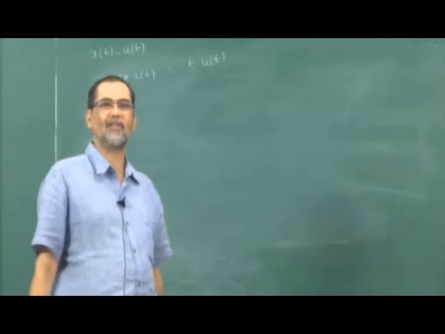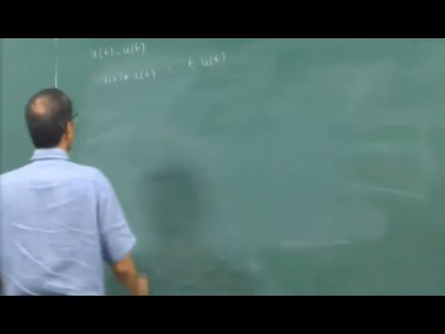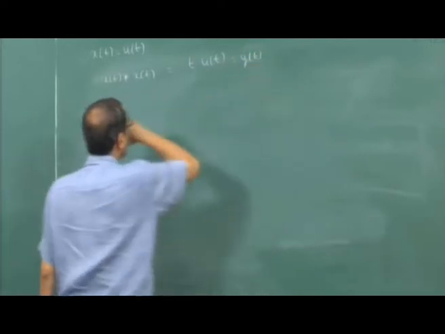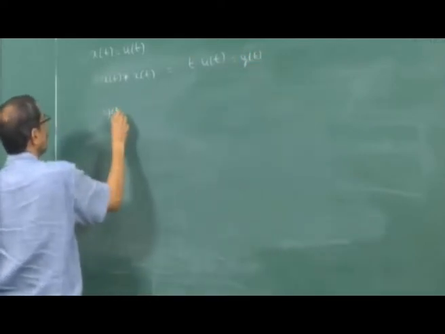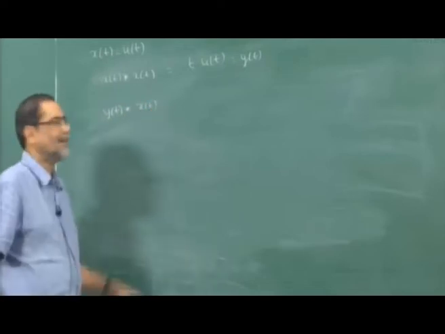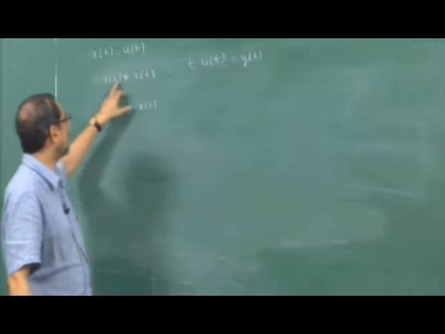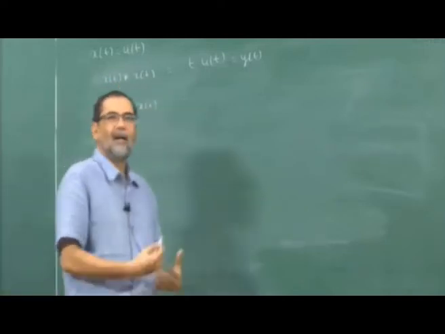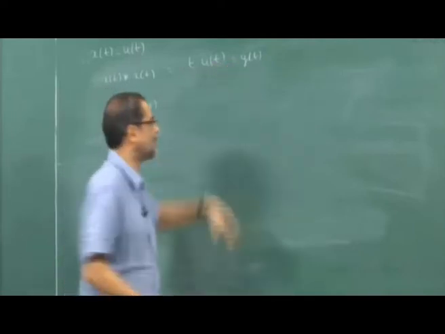Now let's call this some y of t. If you now continue this operation, y of t I obtain by convolving x with x, meaning unit step with unit step. The answer is t into u of t, which is ramp.